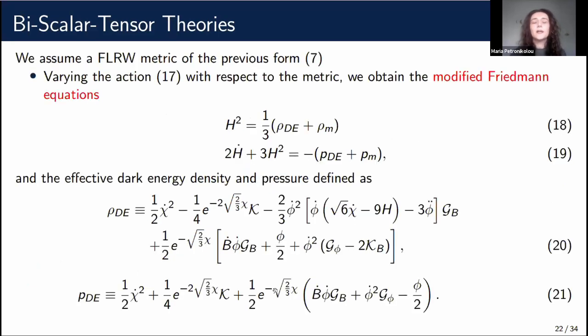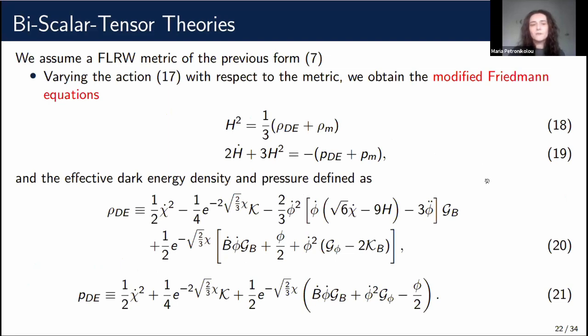So we'll again assume that we're working with a FLRW metric of the form that we showed at the beginning of the presentation, and by varying the action with respect to the metric, we again obtain the Friedmann equations for that scenario, which are equations 18 and 19.